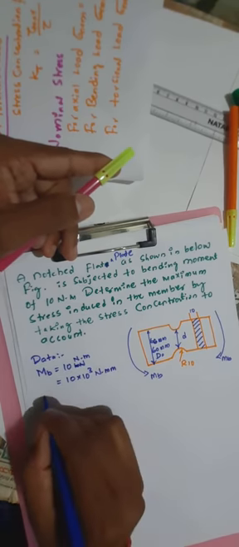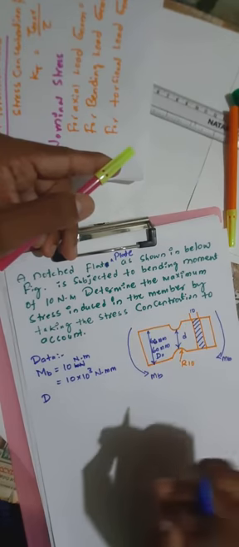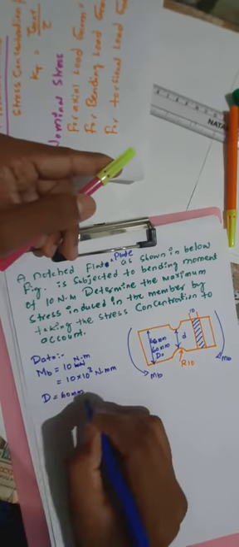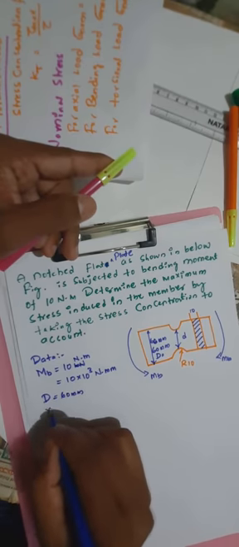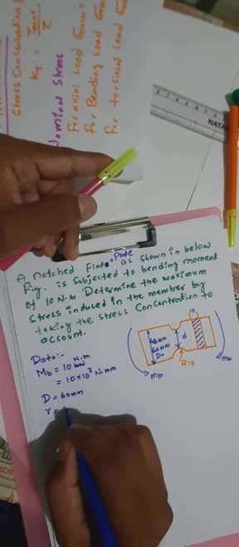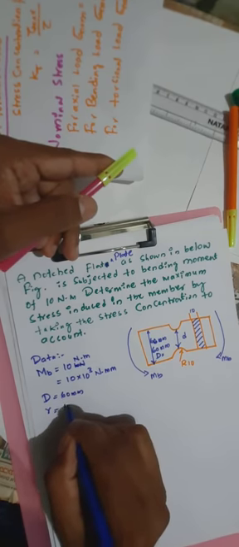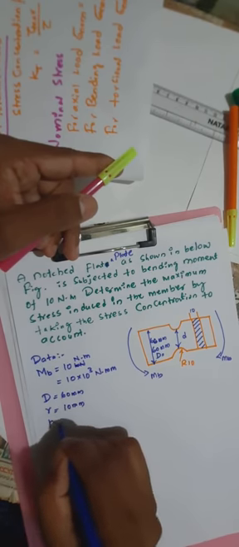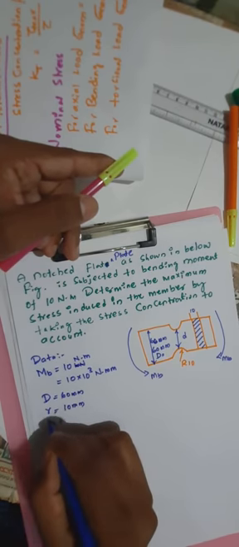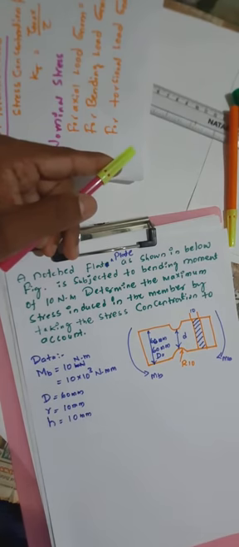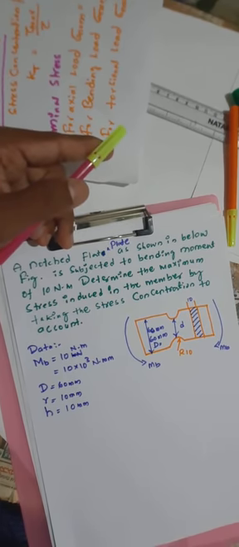The diameter of this flat plate, capital D, is equal to 60 mm, and the radius r of this notch is 10 mm. The thickness t is equal to 10 mm. This is the given data.